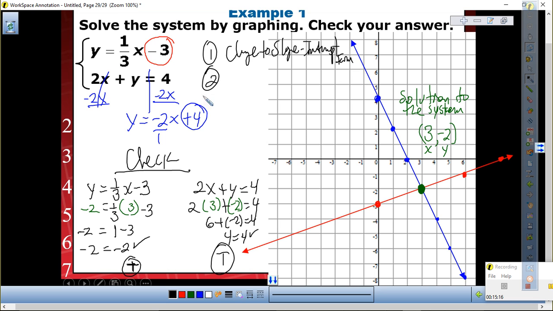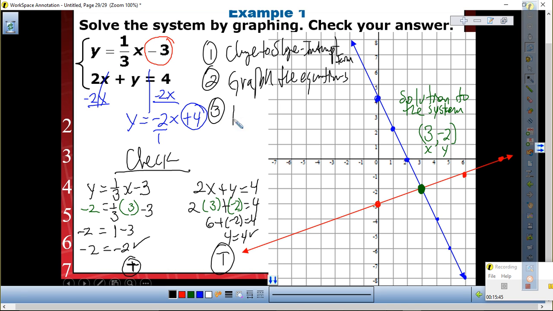Step 2. Tell your neighbor the step 2 once you change it to slope-intercept form. Caleb, step 2. Graph the equations. Step 3. Tell your neighbor step 3. Find the solution to the system.